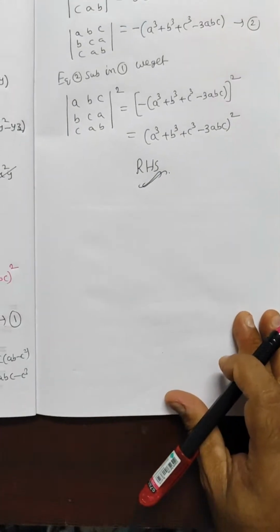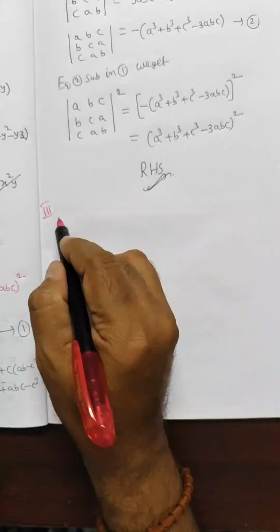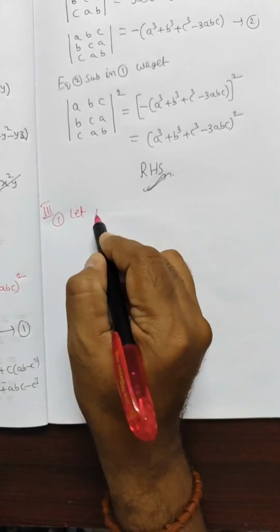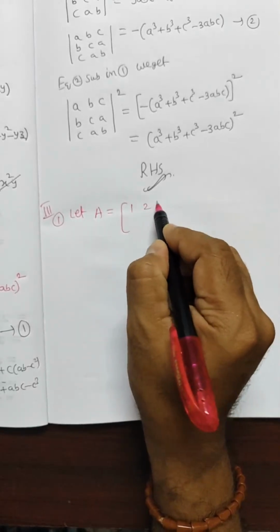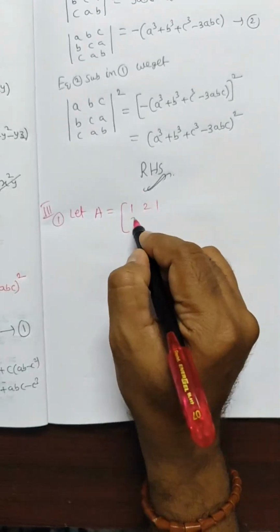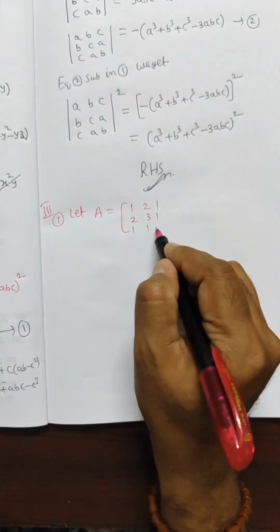In the third bit, let capital A equal to the matrix 1 2 1, 2 3 1, 1 1 5.